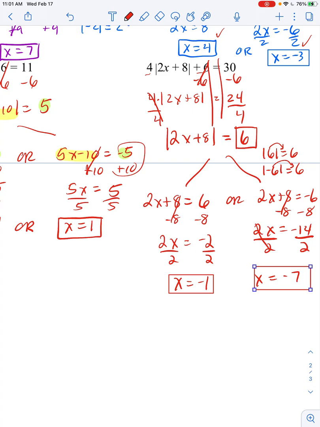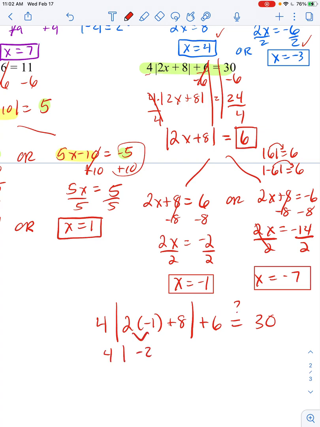And again, I can go back to my original problem and I can put in those values to check. I'll just show you one. For example, I could put in my negative 1 into the original problem and see if it actually does equal 30. So inside here, this would turn into negative 2 plus 8.